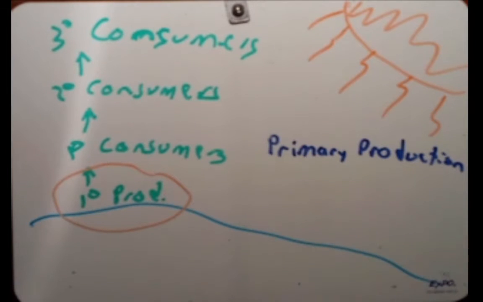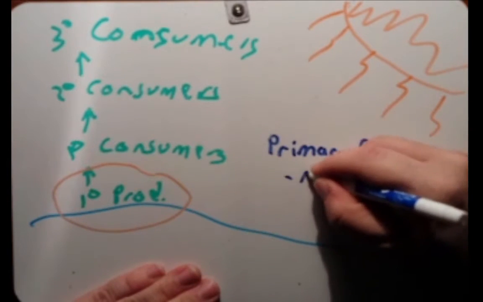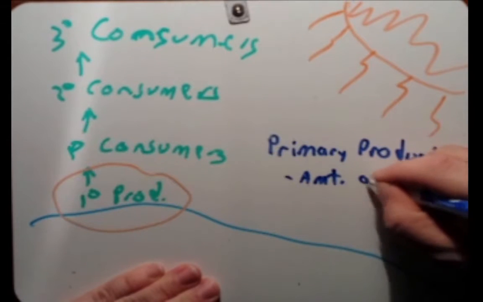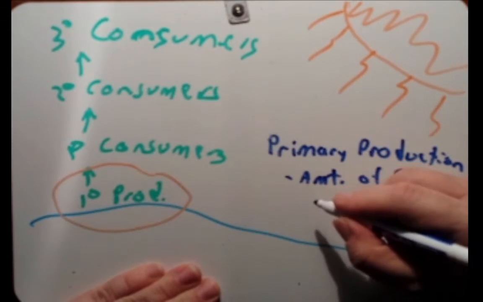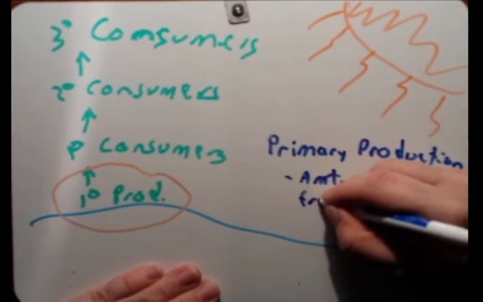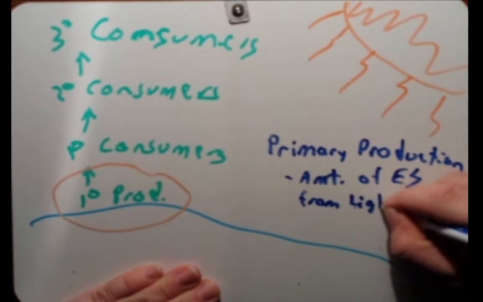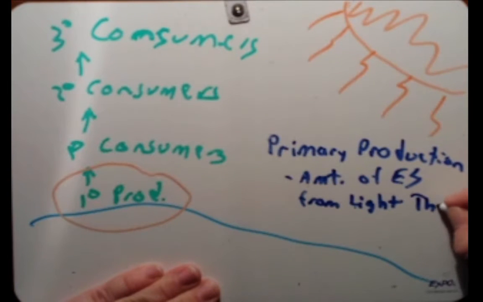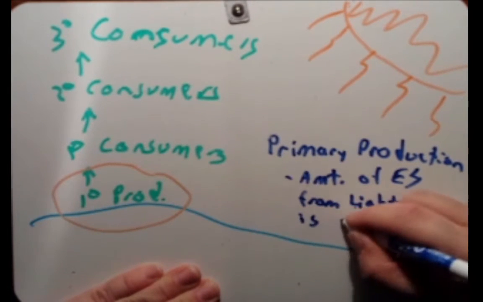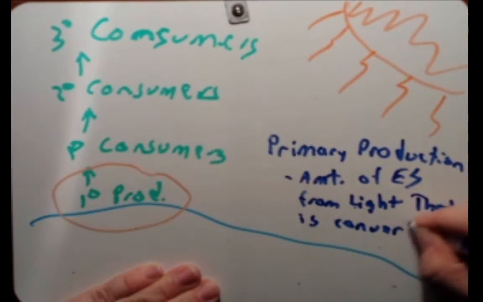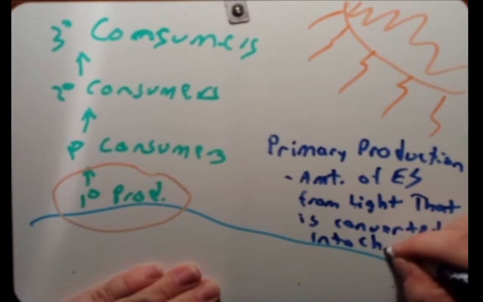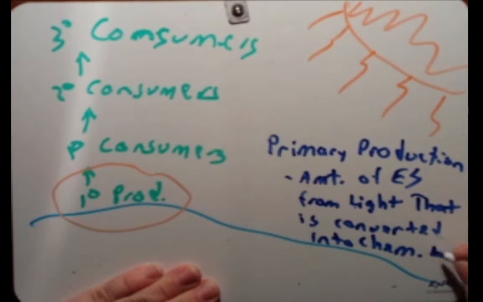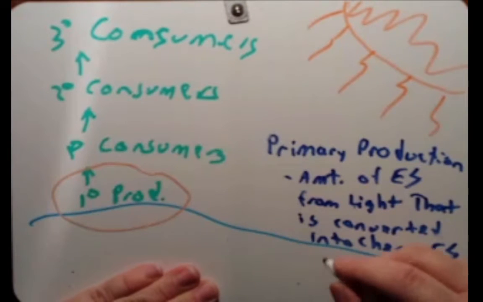So let me define this again. This is the amount of energy from light, the sun, that is converted into chemical energy in a specific period of time.